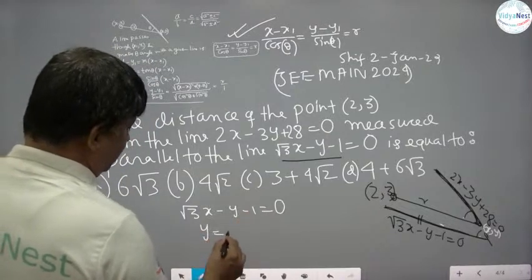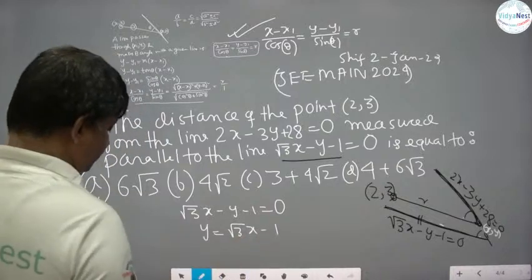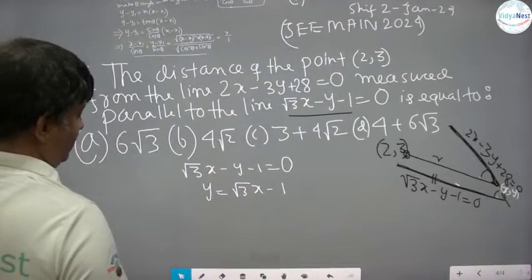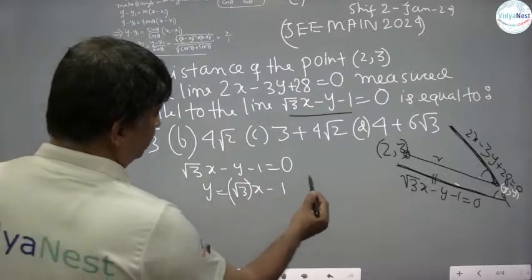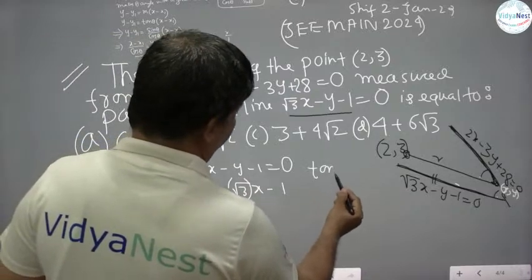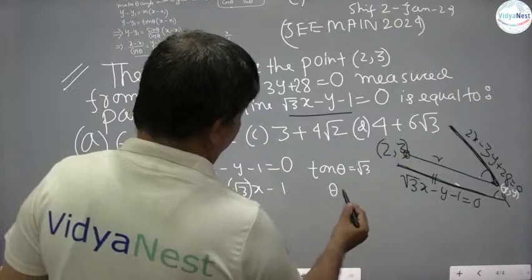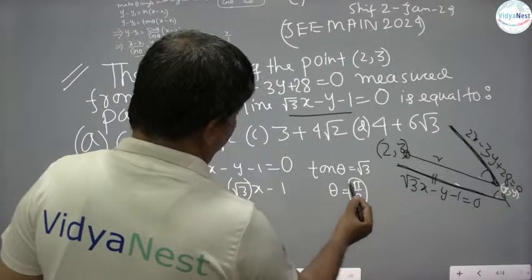So y is root 3 x minus 1. So what is tan theta here? Tan theta is root 3, theta is pi by 3.